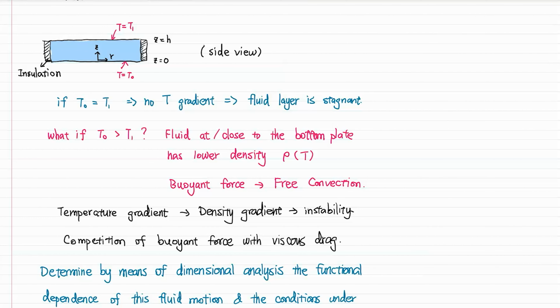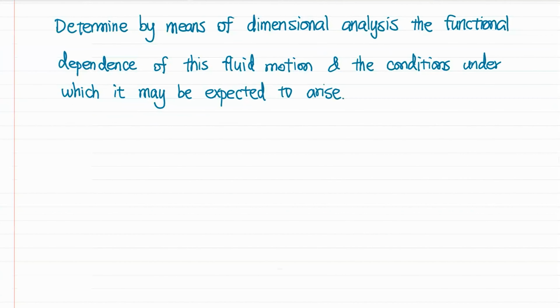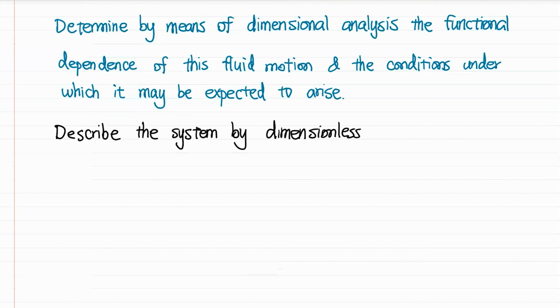So coming back to our equations of change, let's look at them in the dimensionless form. What we're going to do now is first describe the system by dimensionless equations of change.